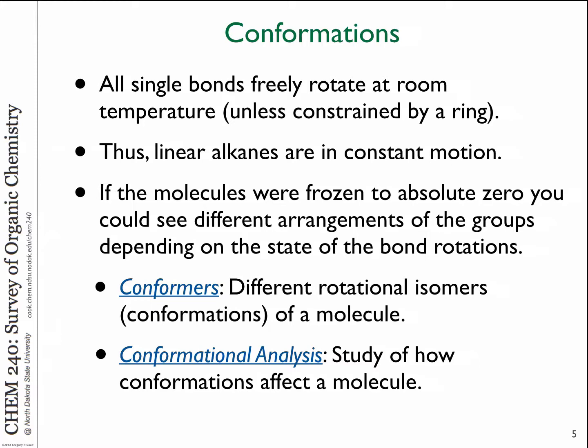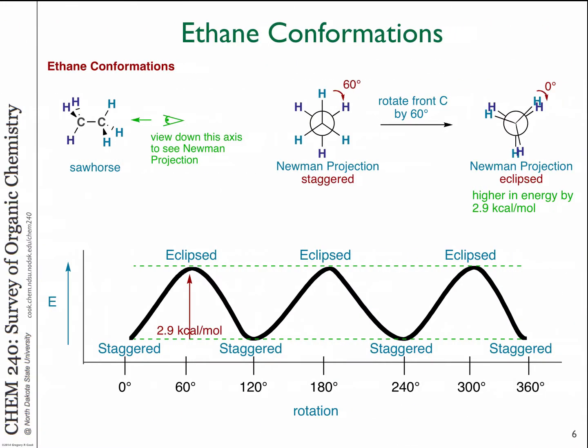So remember, conformations, we're talking about taking a snapshot, a frozen picture of molecules that are always in motion. Bonds are always rotating if they can rotate. We looked at the conformations of the simplest organic molecule that can undergo rotation. That's the 2-carbon ethane. And as you rotate one carbon relative to the other along that bond, we can analyze all the different interactions from the groups on one side of that carbon and the other.